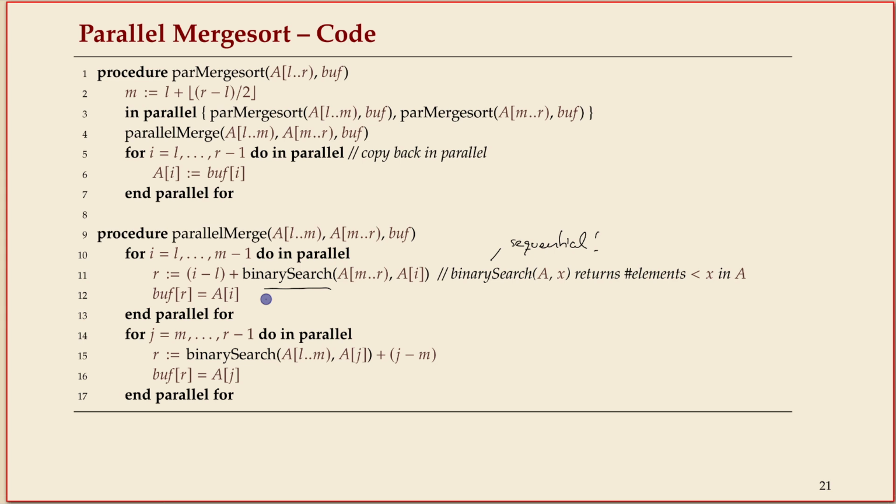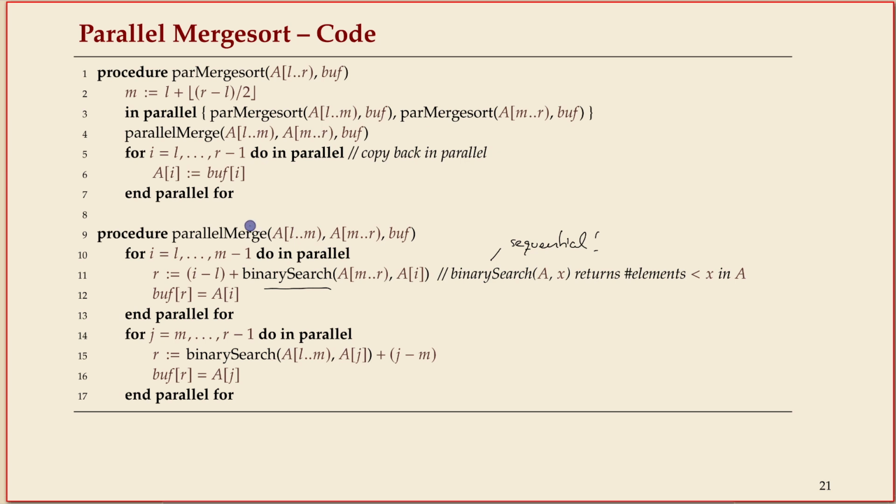So how fast is this? Because we don't do the binary search in parallel, it'll have log n span and work, exactly, where n is the length of the array.